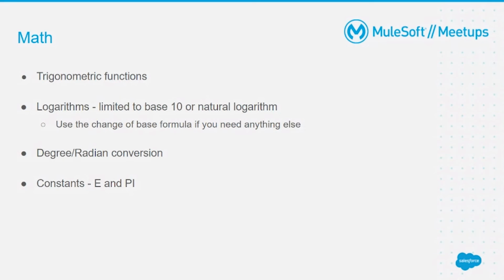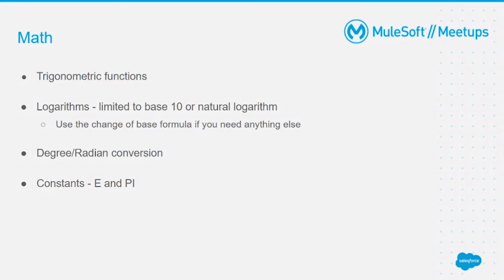So sine, cos, and tangent, arcsine, arccos, and arctangent are all functions that are now added in and can be referenced. So if you need to do some sort of mathematics in your transformations from one format to another, you no longer have to use approximations or a call out to Java or something like that.